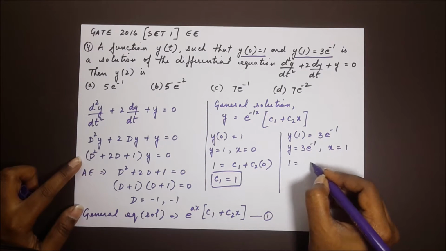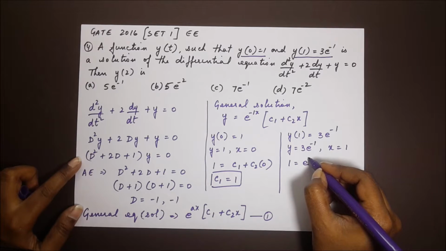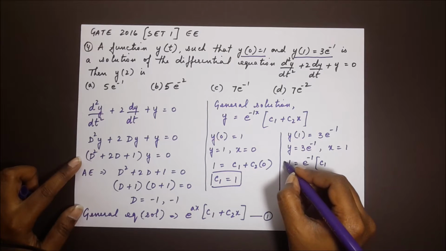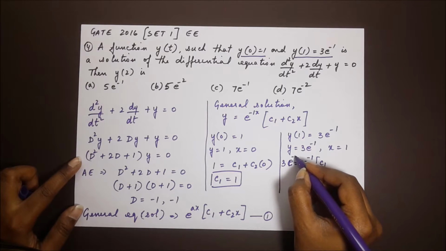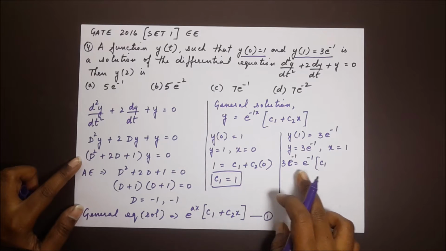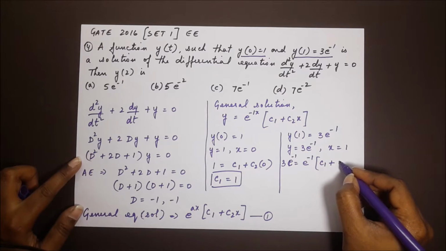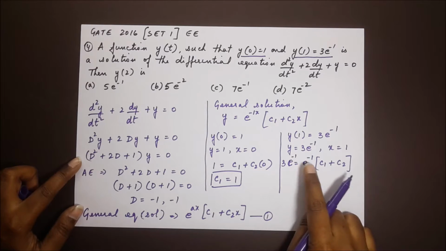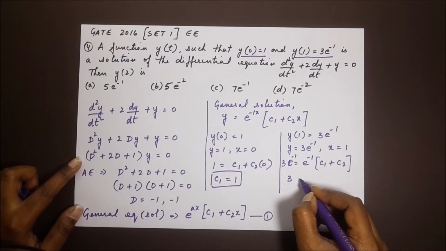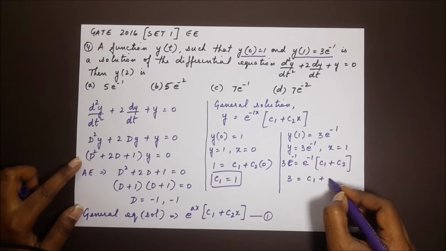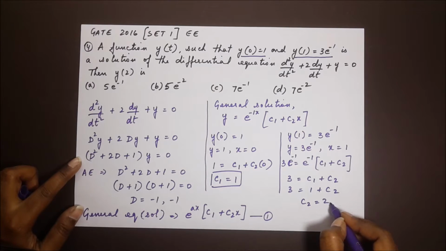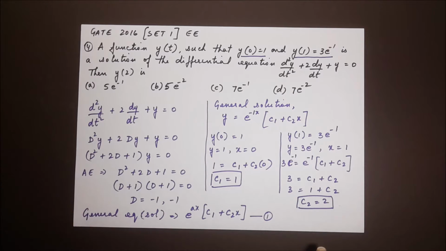So that's 3 e power minus 1 is equal to e power minus 1 times c1 plus c2. Now we have the value of c1, which is 1. We can cancel out the exponential functions over here. So that's 3 is equal to c1 plus c2, 3 is equal to 1 plus c2, which gives us that c2 is equal to 2. So we have the values of c1 and c2.